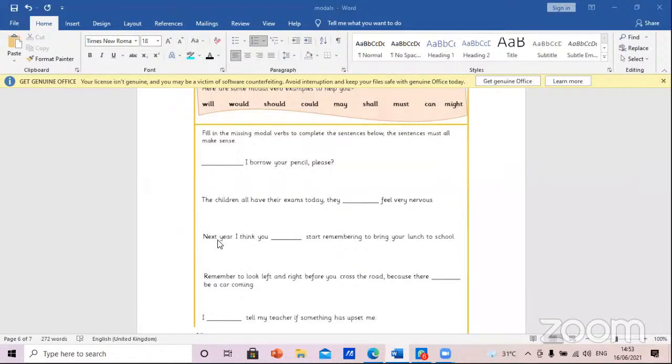We call this a hint, right? Or else may is also possible here, because we can't predict. Sometimes he will bring, sometimes this boy or girl will forget, right? We assume. But will is accepted.